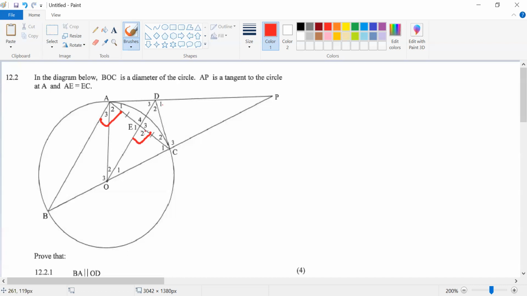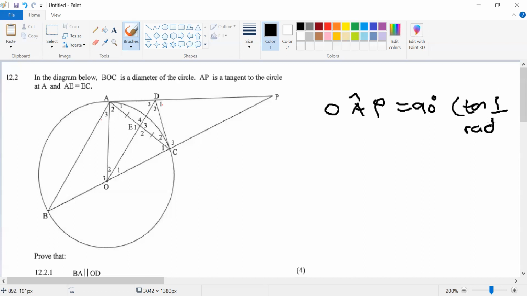But not only do we have 90-degree angles at those 2 points, there's also a 90-degree angle here because this right there is my tangent and this right there is my radius. So I'm going to first start off with that, and then you'll see where we go from there. So angle OAP is equal to 90 degrees because our tangent is perpendicular to our radius.